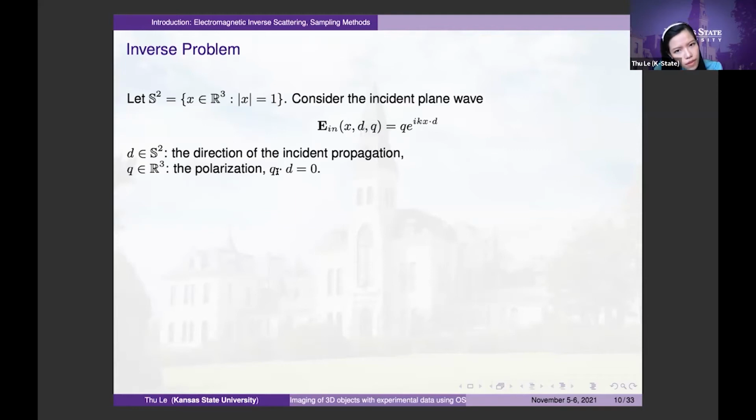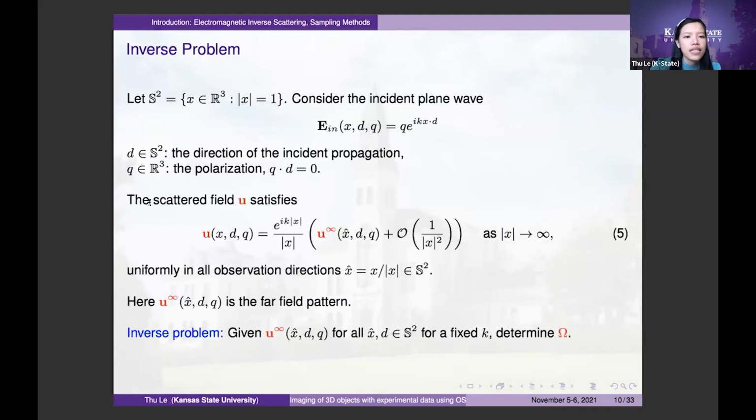Now we have a property that the scattered field u satisfies formula 5.